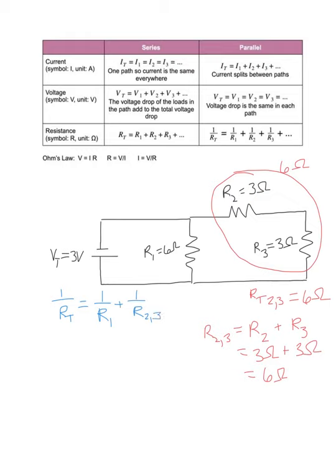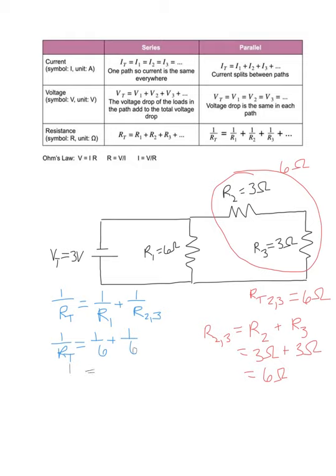We don't have a formula for like 2 in series plus 1 in parallel, so we have to use this way of combining: simplify one part of the circuit that can be simplified, and then we can use our next formula. So 1 over RT is equal to 1 over 6 plus 1 over 6.